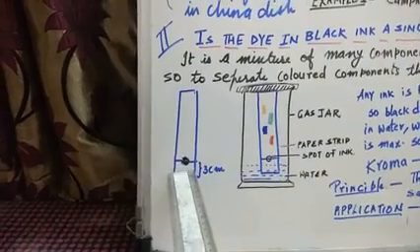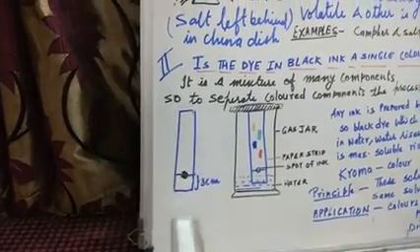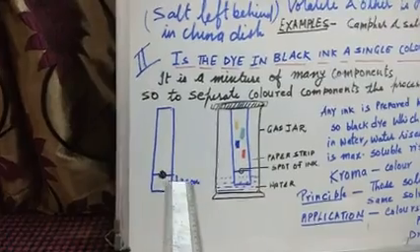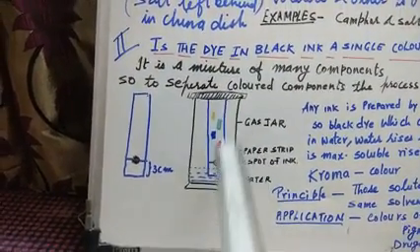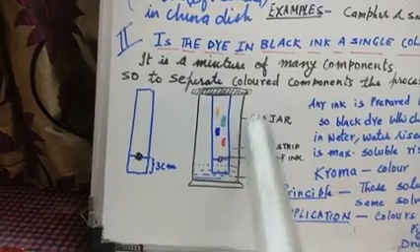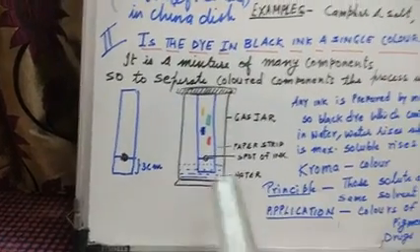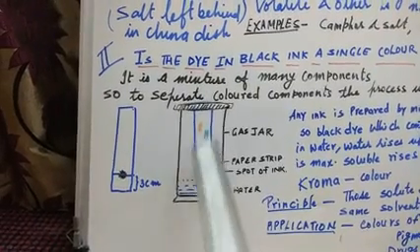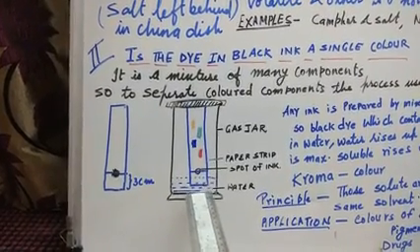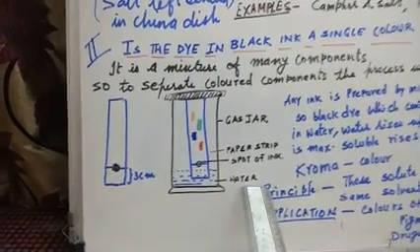Now after that, this filter paper strip is suspended in a gas jar. This is a gas jar made of glass, having some water in it.